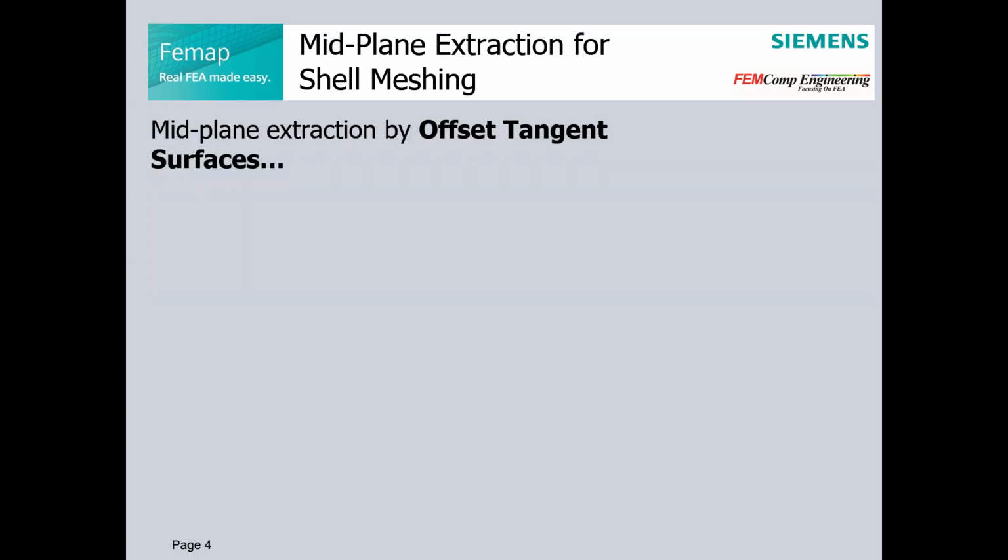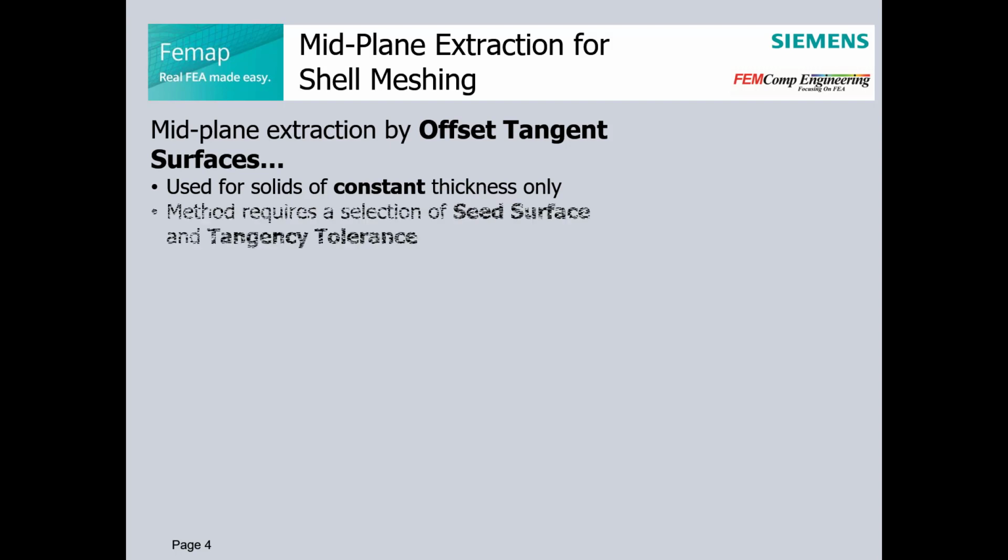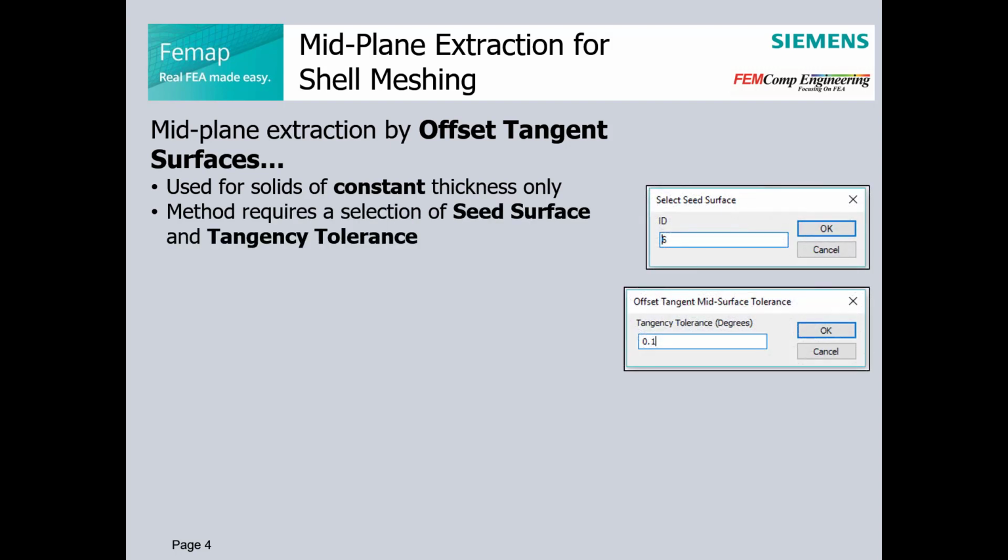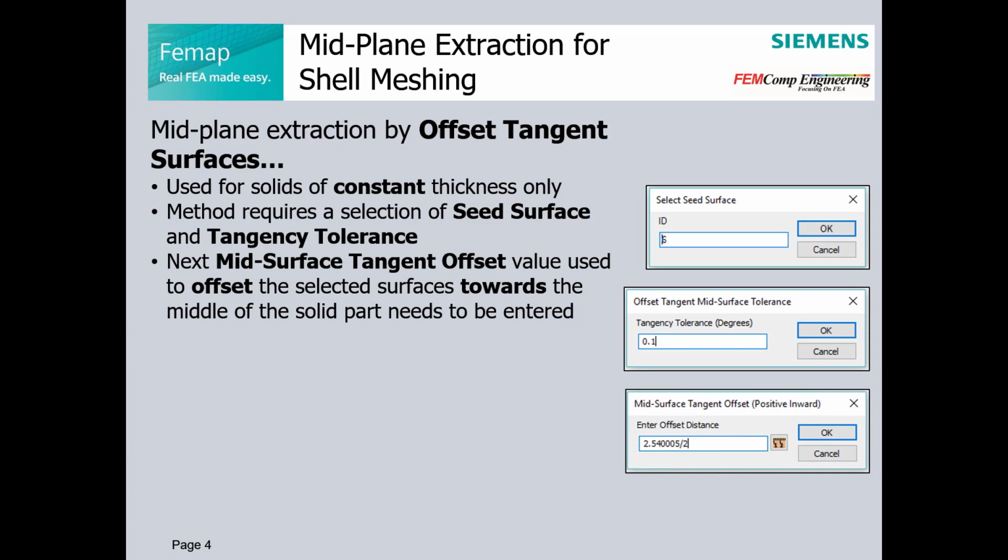Mid-plane extraction by offset tangent surfaces method is used only for solids with constant thickness and requires selection of seed surface and tangency tolerance, and mid-surface tangent offset value for offset of the selected surfaces towards the middle of the solid part.